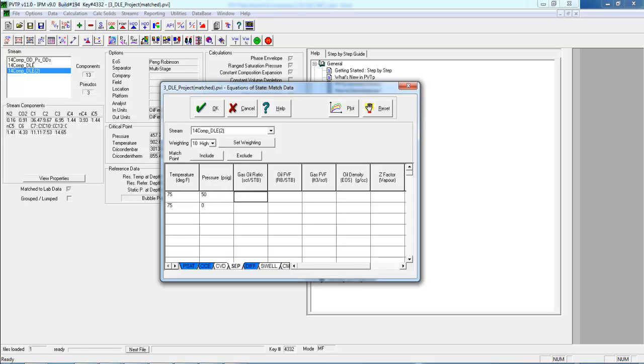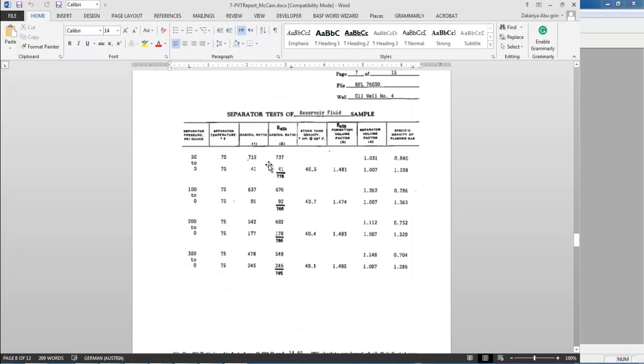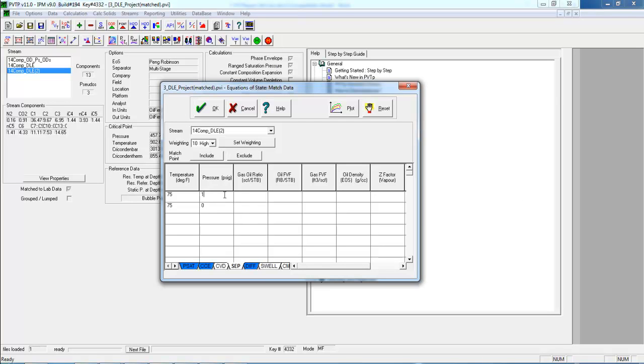So now, according to lab data, we have gas oil ratio. This one, I have to edit the pressure condition. Here should be 100. And here.